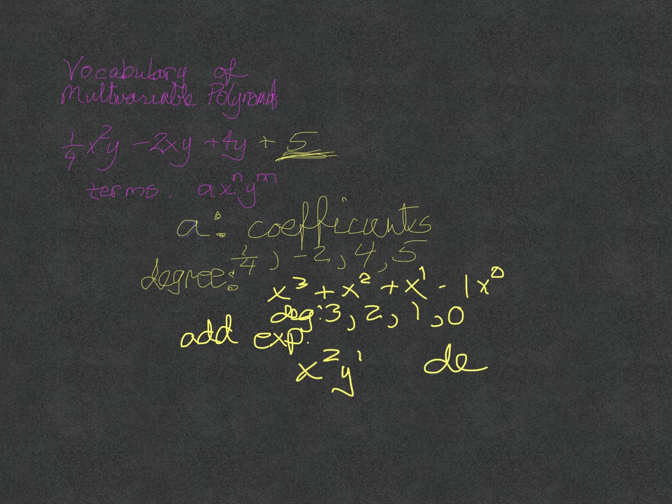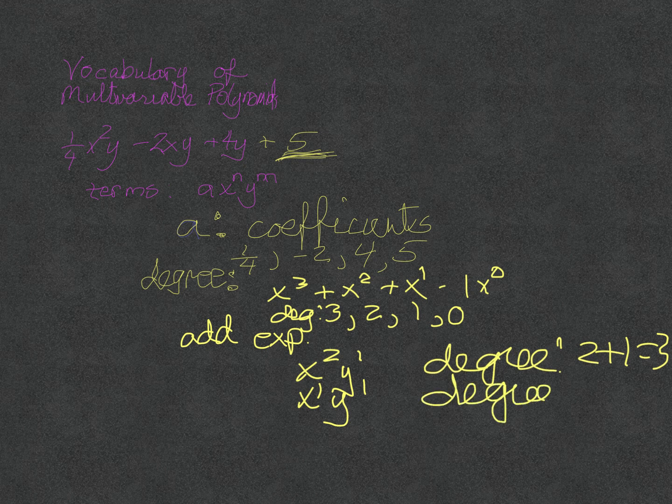And so the degree of that term is 2 plus 1 or 3. Okay? xy, the exponents on those are 1, and so the degree of those terms is 1 plus 1 or 2. And then the 4y, which is a y term, the exponent is 1. The degree of that is just 1. So all we do is we add exponents to find degree. Okay?